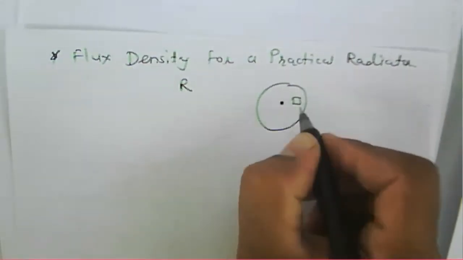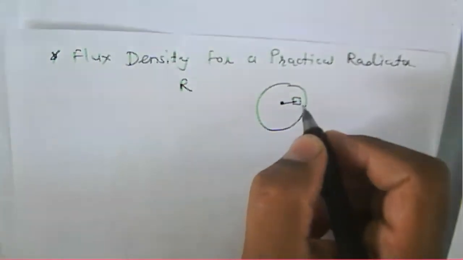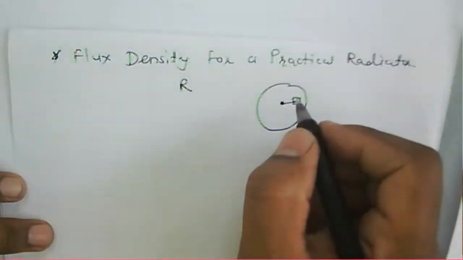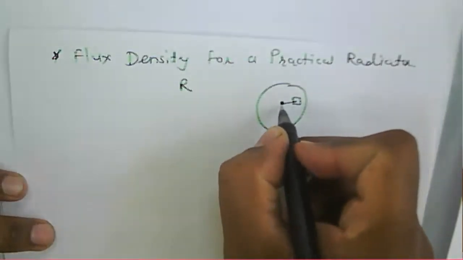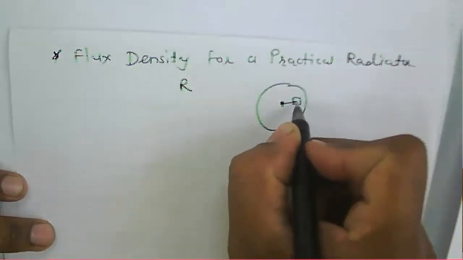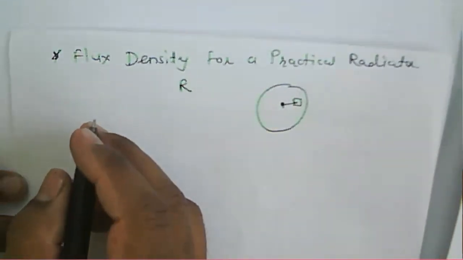This is the unit area at the distance from the source to this particular region there. So this is about a point source, this is about a power radiator, and for this particular unit area, we can calculate the flux density.